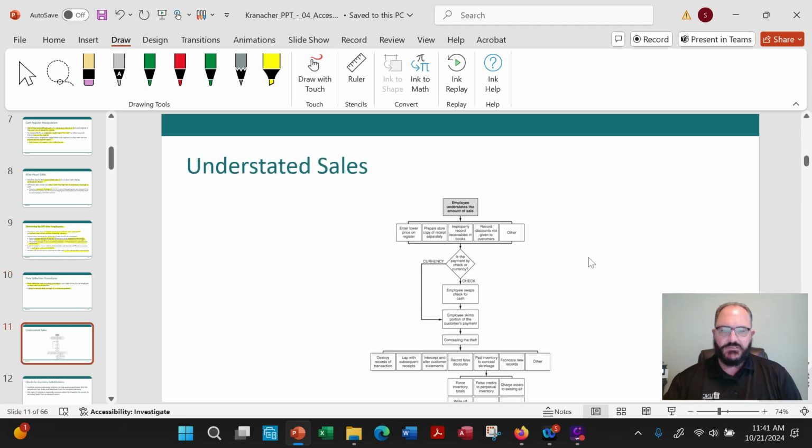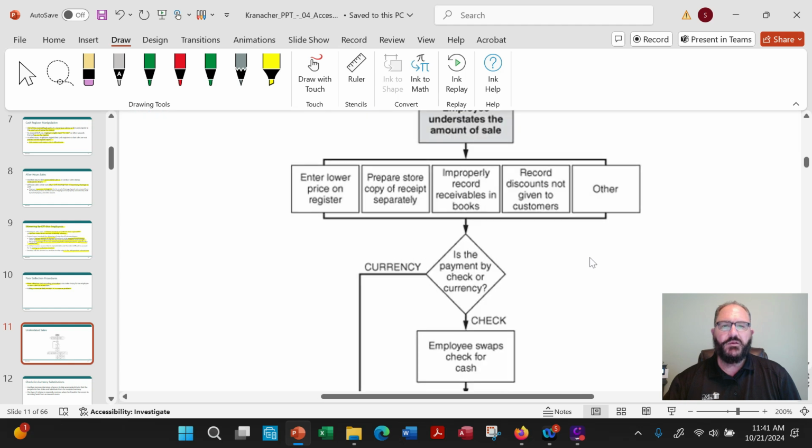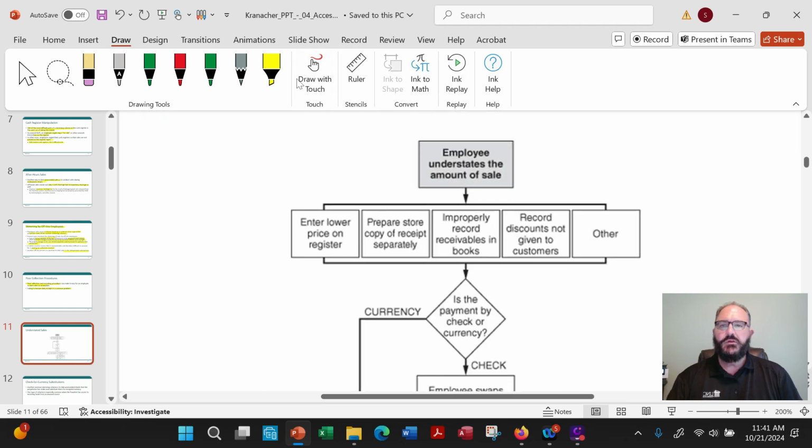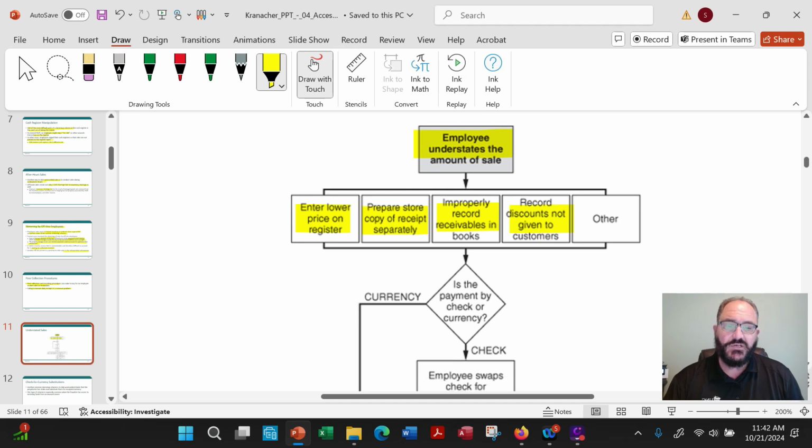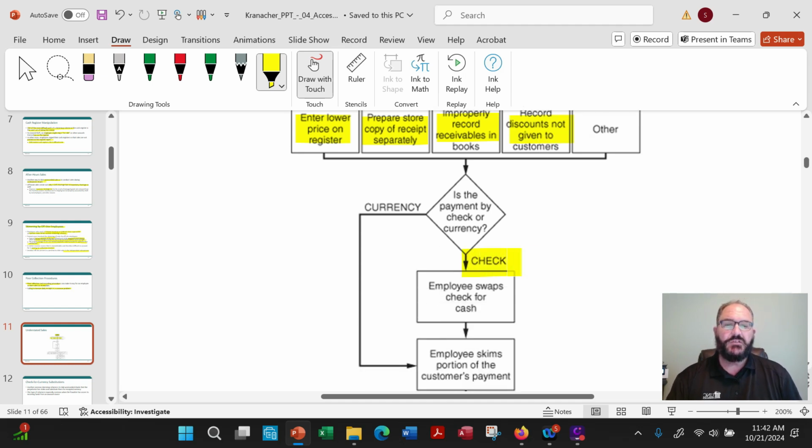So let me open this up here, make it big again. Here it says the employee understates the amount of the sale. They can enter a lower price in the register. They can make two separate copies. They improperly record the receivable on the books. They record discounts not actually given to customers. Now, if it's made by check, we go down this way, currency this way.